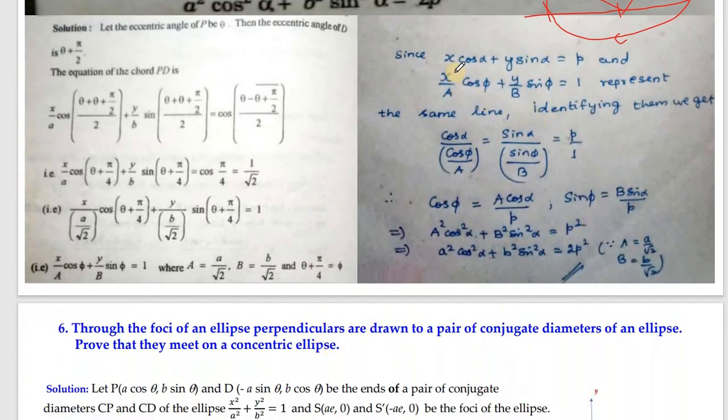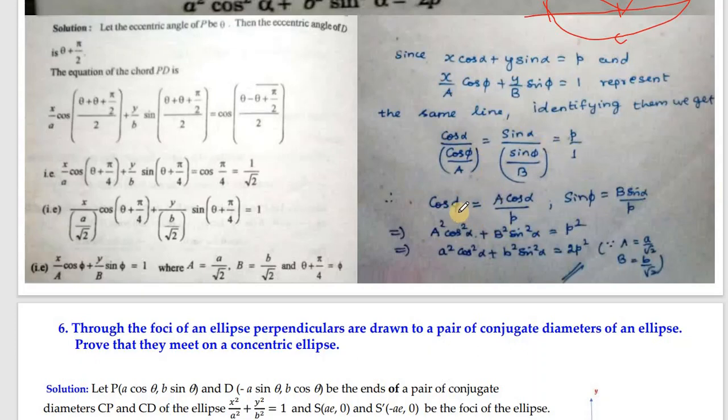Now we are given that x cos alpha plus y sin alpha equal to p is a line, and another one is this, but it represents the same line, and therefore we can identify the two equations, so that you have cos alpha by cos phi by A equal to, and so on. So from this you get cos phi and you get sin phi.